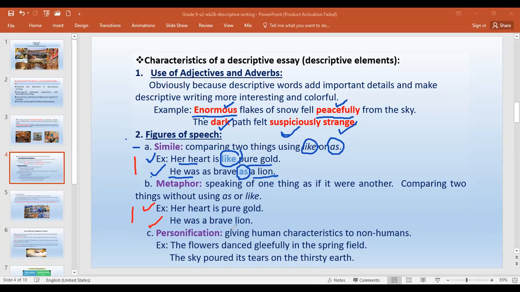Can you give me a metaphor? Mahdi? Anyone can raise their hand, of course.